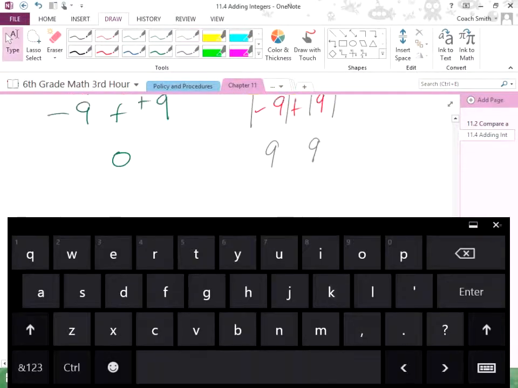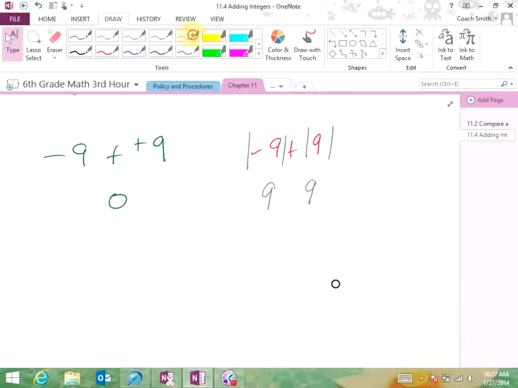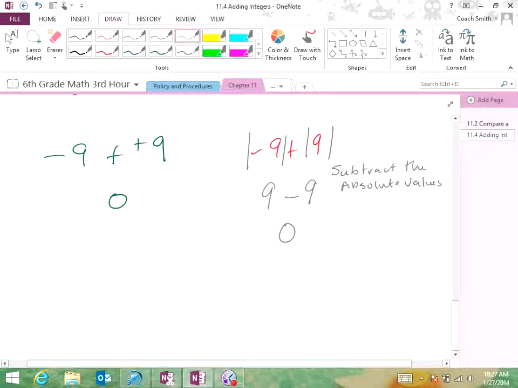And we subtract the absolute values. 9 minus 9 is 0. 0 is neither negative or positive. It's just 0. So the answer to that is 0. That is mathematically why it is 0. Now, let's look at another problem.